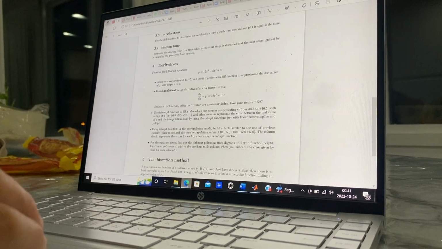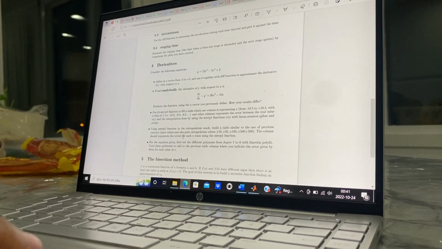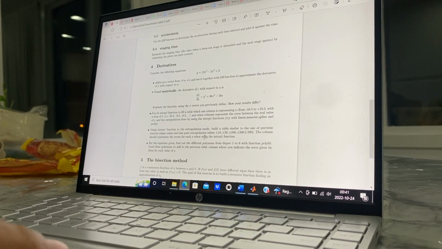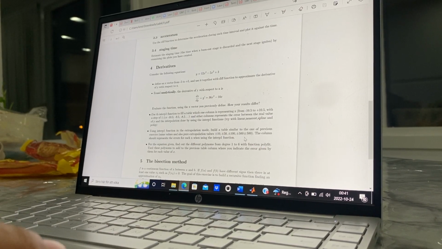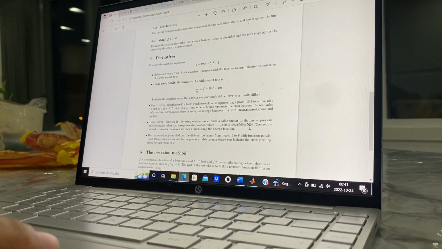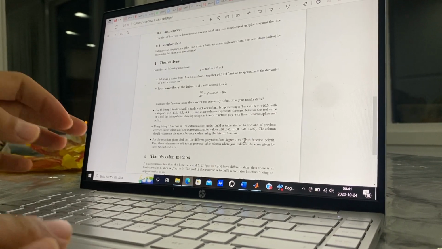So what I'm gonna do next, the operation says that I'm gonna use the interp1 function in the extrapolation mode this time. I'm gonna build a table similar to the one of the previous exercise, same values and also pure extrapolation values, from minus plus 10 to minus plus 500, and the column should represent the errors for each x when using the interp1 function.